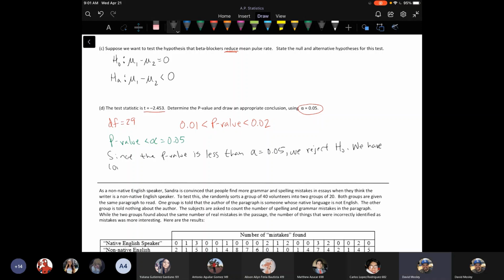We have convincing evidence that beta blockers reduce mean pulse rate.